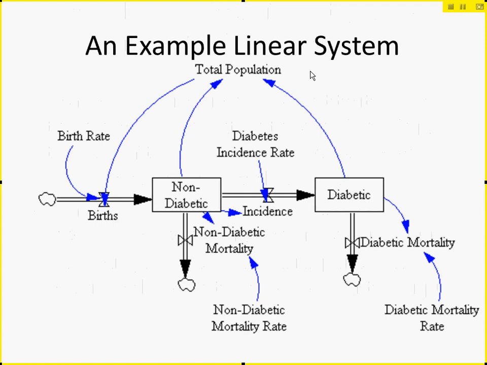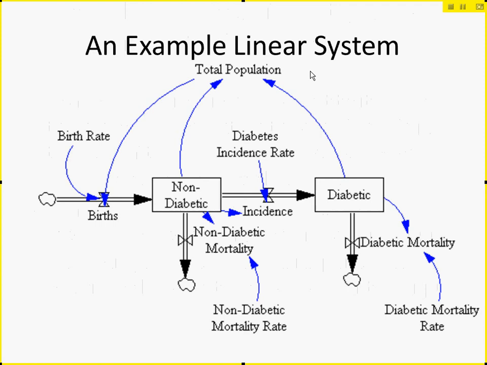So this is some birth rate, say a 2% birth rate. That would mean, for every 100 people in the population, there are 2 babies per year, right? So what do you think the formula for the number of births per year is, if the birth rate is measured in 1 over years? Births would be birth rate times the total population, right?